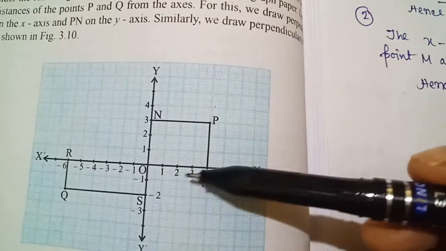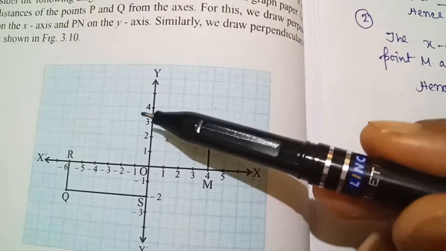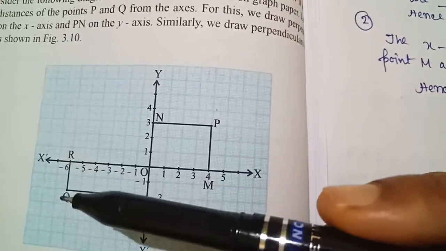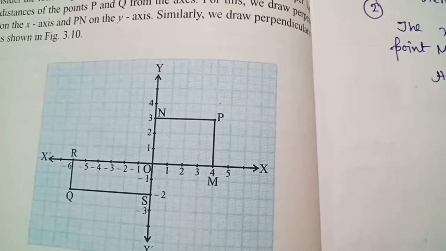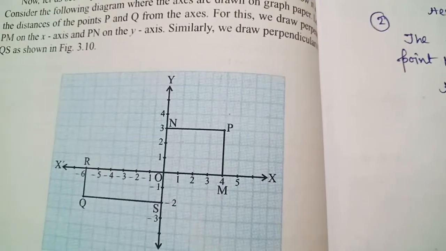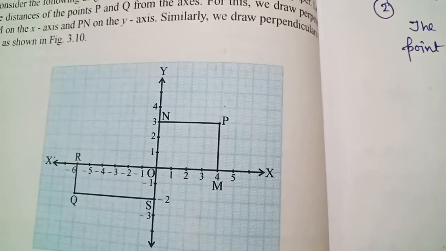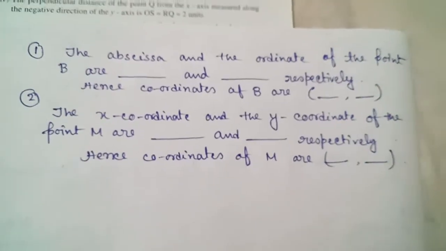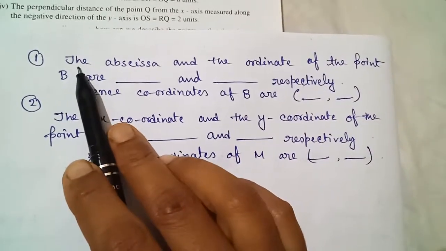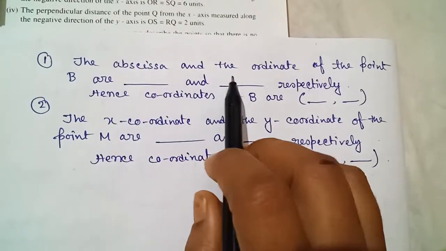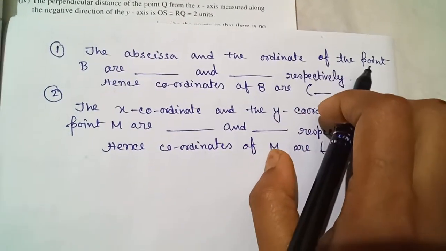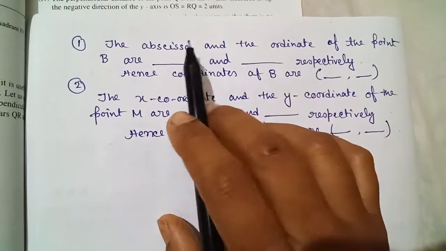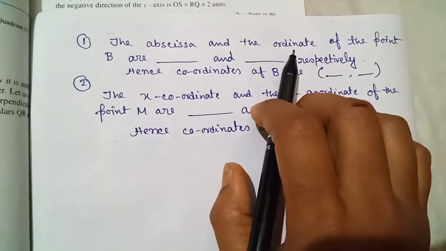O is the origin, then M, N, P, then Q, R, S. This way they have given the names. Now corresponding to this figure, they have asked some questions. I have written two of them. The first question is: the abscissa and the ordinate of the point P are dash and dash respectively.